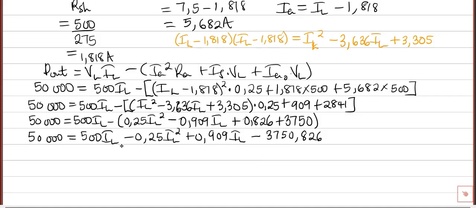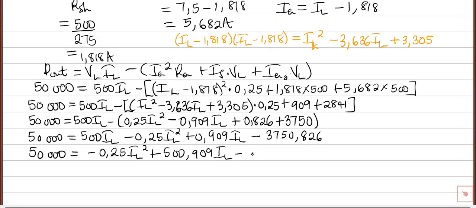From here, you may want to add your like terms before maybe you want to transpose or make IL squared represent everything in quadratic order. So maybe let's add on the right hand side. So we still have 50,000 equals to. Arranging in quadratic order the right hand side first, so I'll have minus 0,25 IL squared. This value and that are like terms. So I have 500,909 IL minus this value here, which is 3750,826.